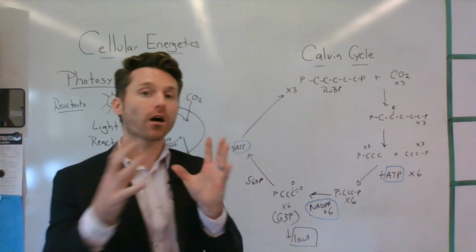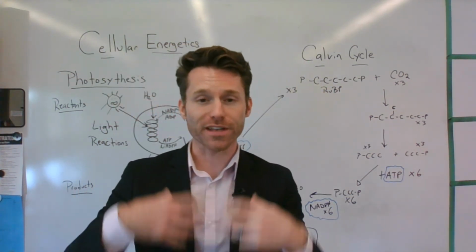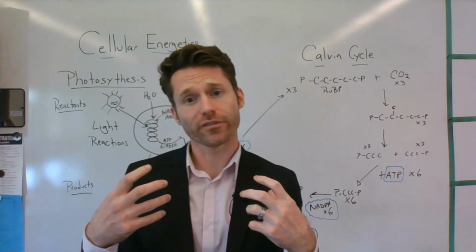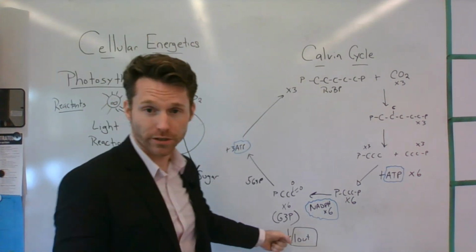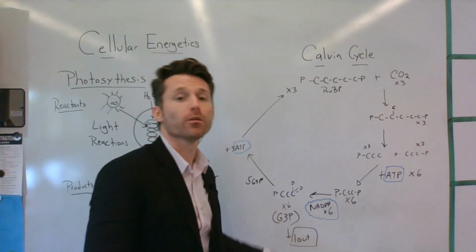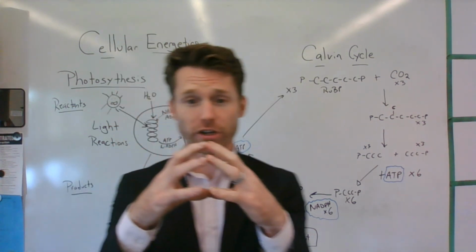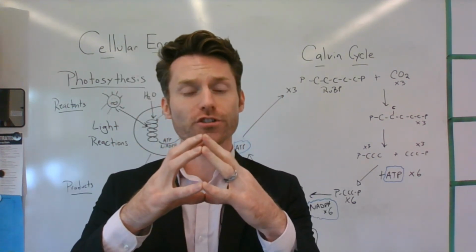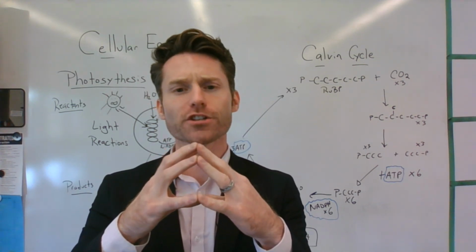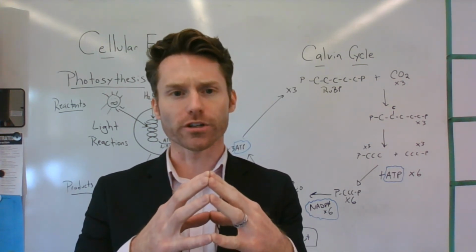Okay? So the energy that was harnessed by the chlorophyll is ultimately stored in this G3P, which is used to make our sugars, which are complex structures, right, with a lot of organization that hold a lot of energy.